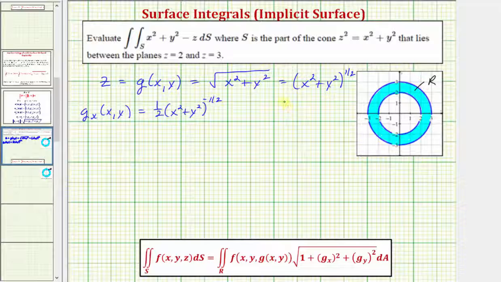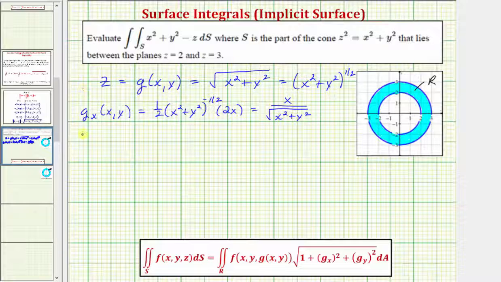And now applying the chain rule, we multiply by the derivative of x squared plus y squared with respect to x, which would be 2x. Notice how the 2s simplify out, so we can write this as x over the square root of the quantity x squared plus y squared.